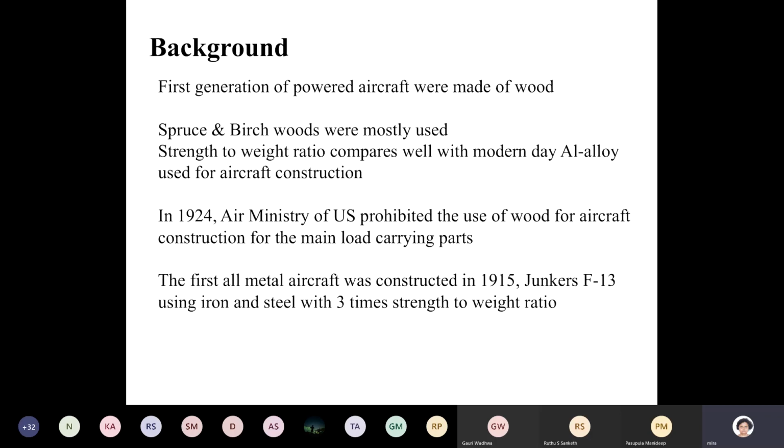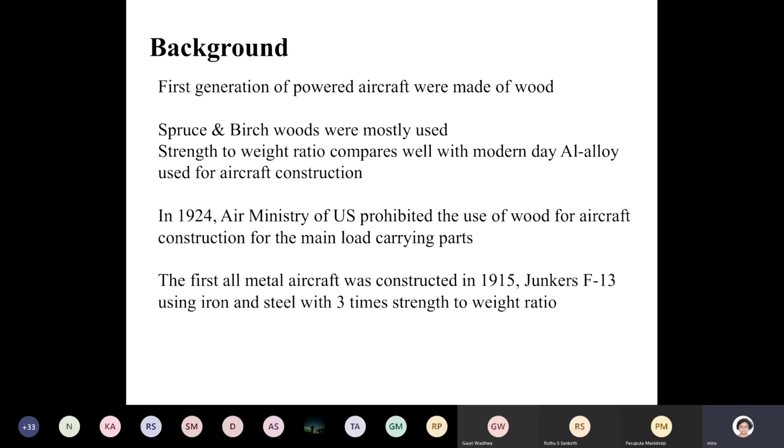The accident happened because the glue used to fix the layers of the wood degraded because of moisture. That led to this huge catastrophe, and thereby the use of wood was prohibited.